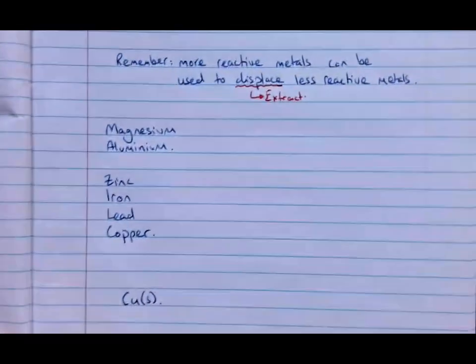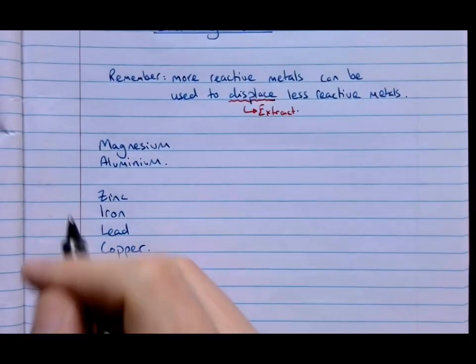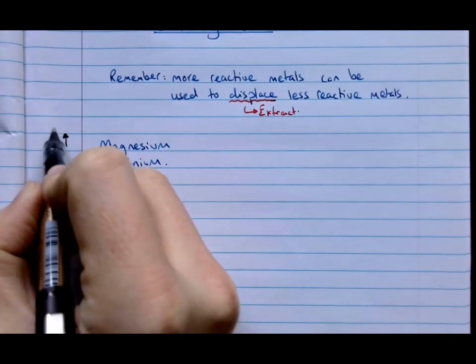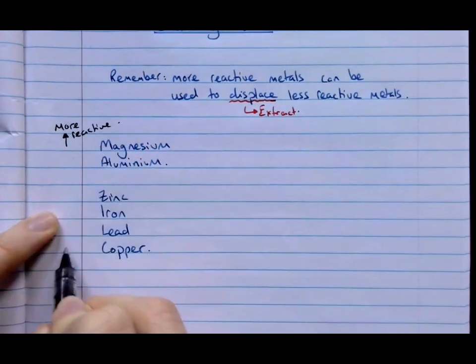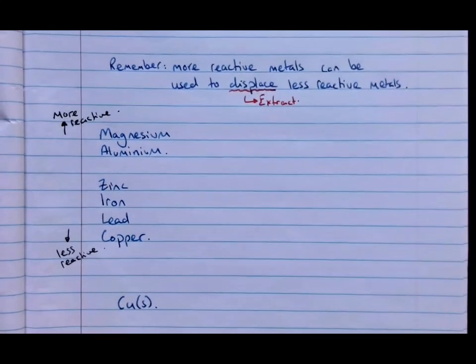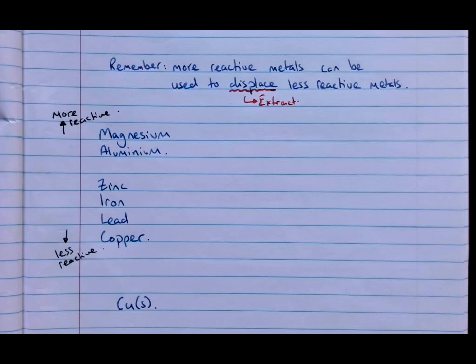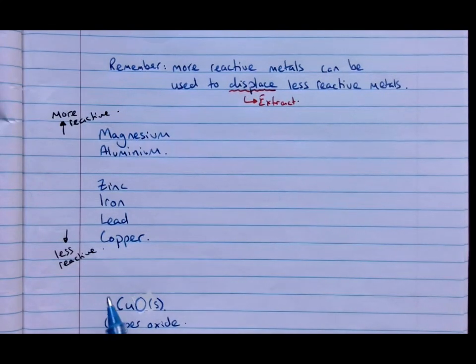So here I've got the reactivity series. You'll remember that up here, these are more reactive metals, and down here, these are less reactive metals. So let's imagine that I have dug up some copper oxide out of the ground, and I want to extract the copper from the copper oxide.